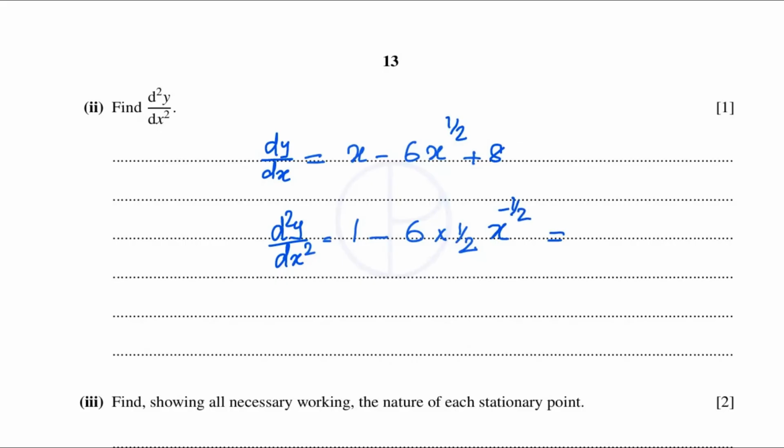This is equal to 1 minus 3 over square root of x. So d square y by dx square is 1 minus 3 over square root of x.